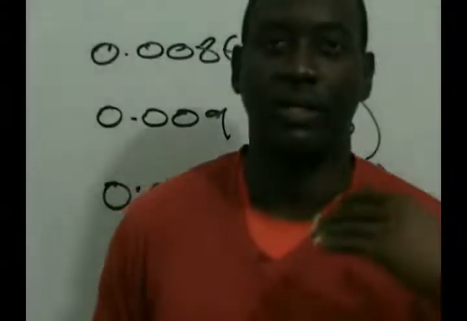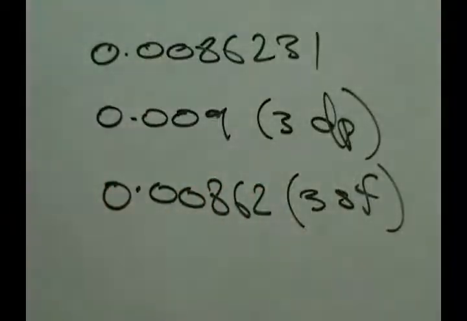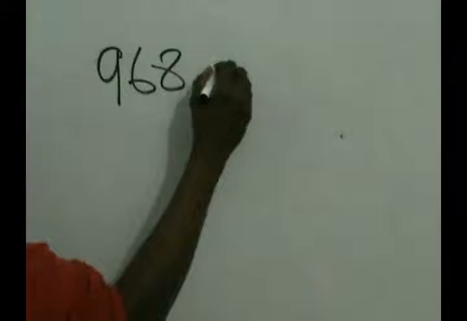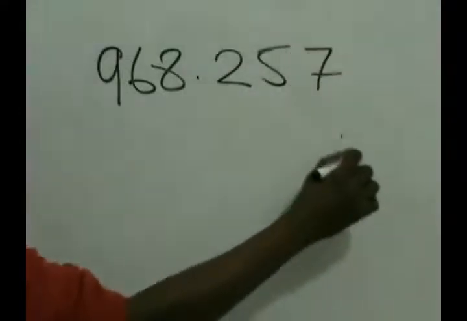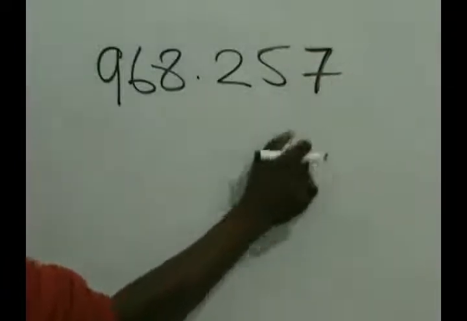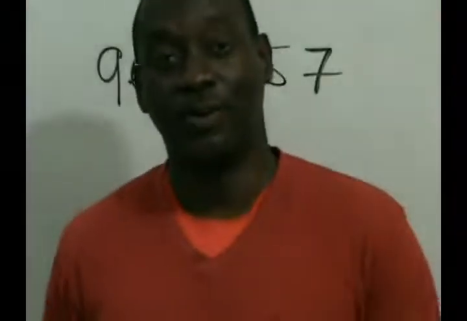Alright? So we're going to change up the order of magnitude of the numbers now to further drive home the point of the difference between decimal places and significant figures. So how about if we have a couple more numbers. Let's say we have the number 968.257, and we want to express this number to one significant figure and to one decimal place.